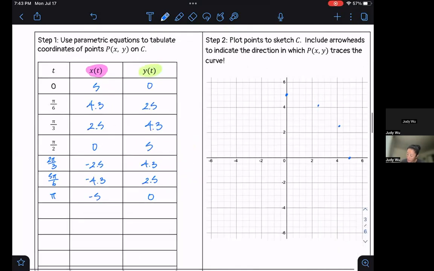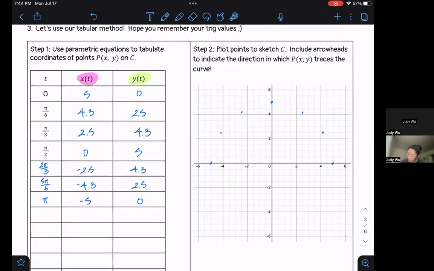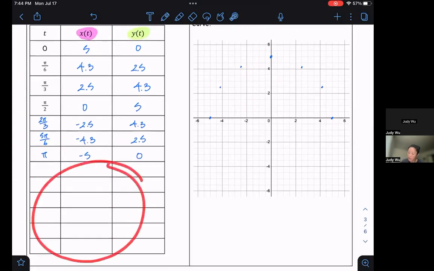If we continue to plot those, lo and behold, we start to see the top half of a circle. I'm not going to make us plug in all the other values, but let's start to draw this circle.